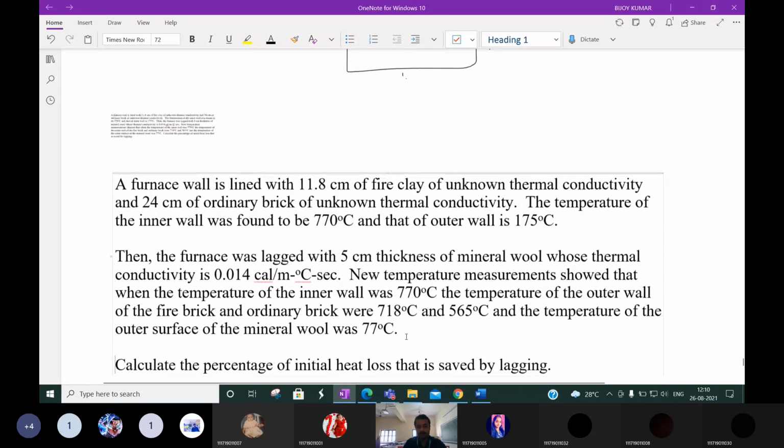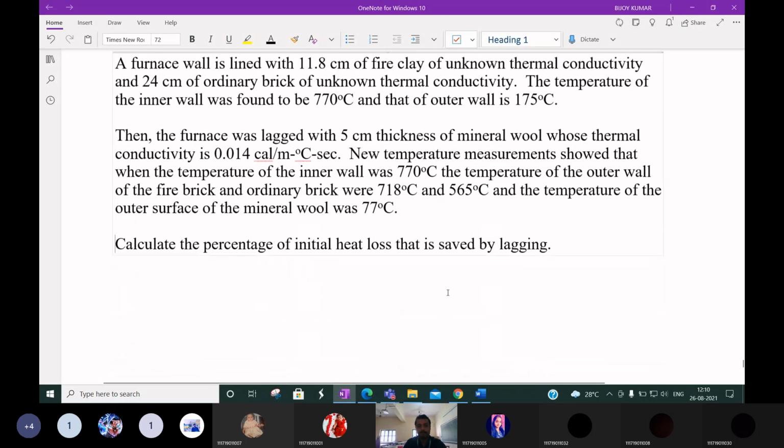Please read the question. I just divided it for your simplicity. I will not solve this problem, but it is one of the most important problems. Please be focused on this.